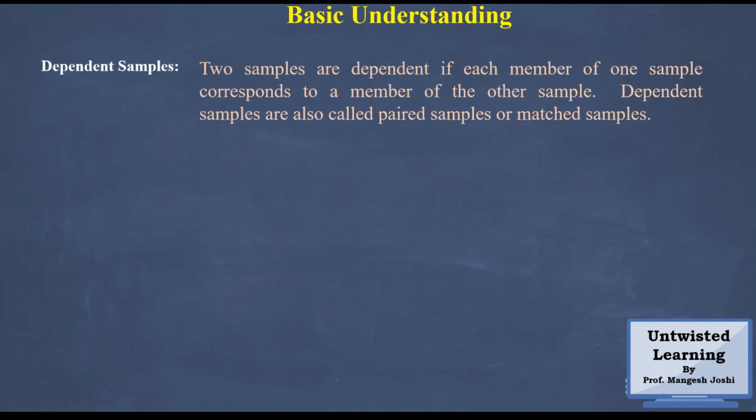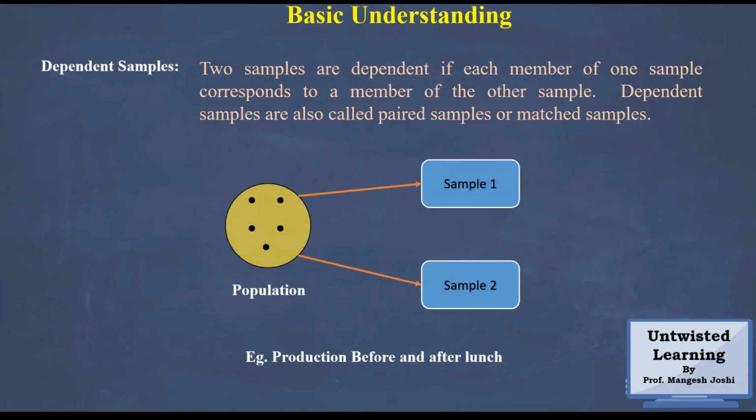The second term is dependent samples. Two samples are dependent if each member of a sample corresponds to a member of the other sample. Dependent samples are also called paired samples or matched samples. For example, from the same population, you take sample 1 at some time instance and you draw a second sample at a different time, right?